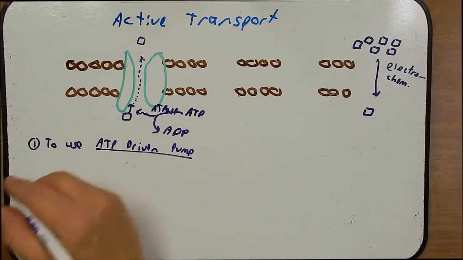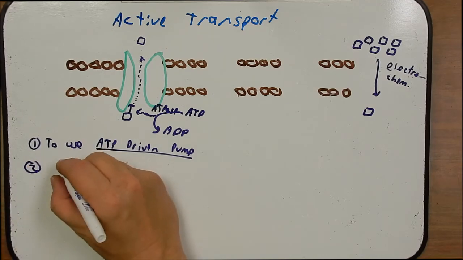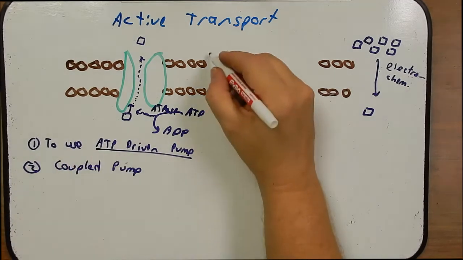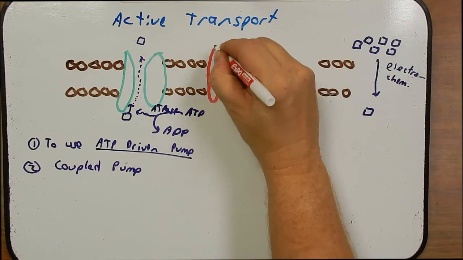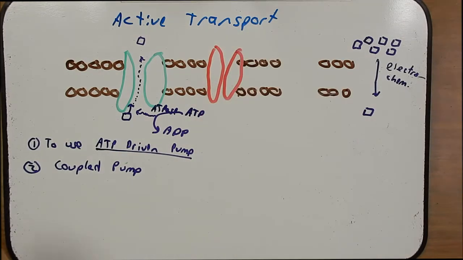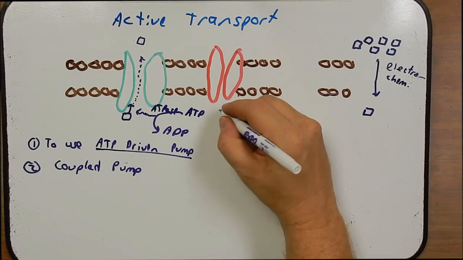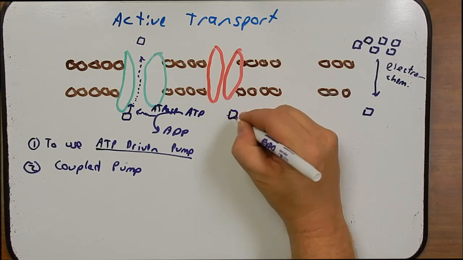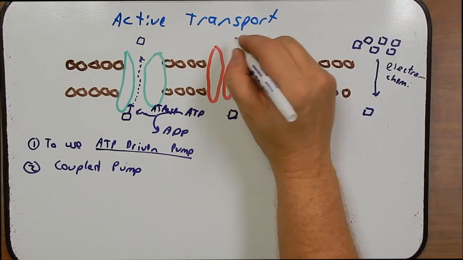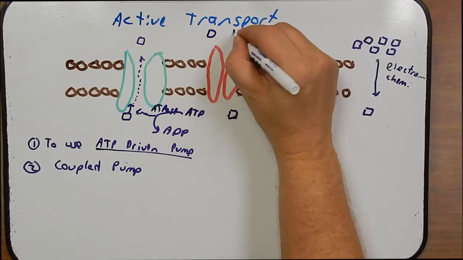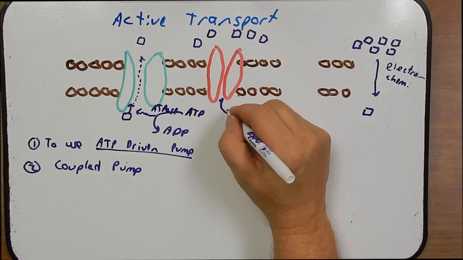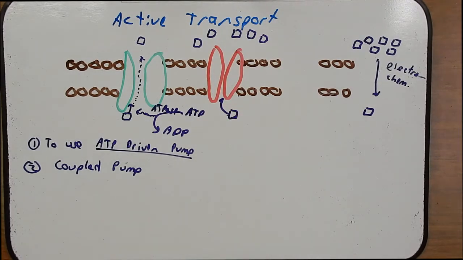Now the next one is using a coupled pump. So we'll still have our transport protein like so, and our solute over here that's trying to get over here even though it's a higher concentration, but it can't do it. It needs some sort of energy input.